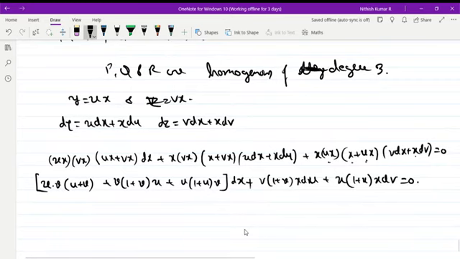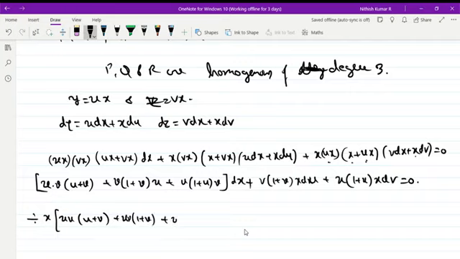So my equation is now reduced to an equation in x, u and v. Now divide this equation throughout by x into uv(u plus v) plus uv(1 plus v) plus uv(1 plus u).